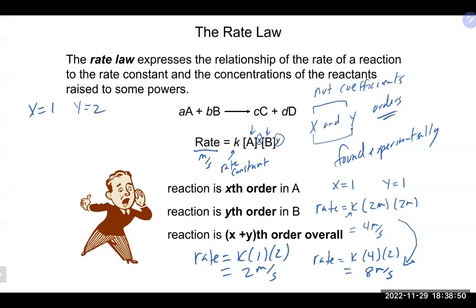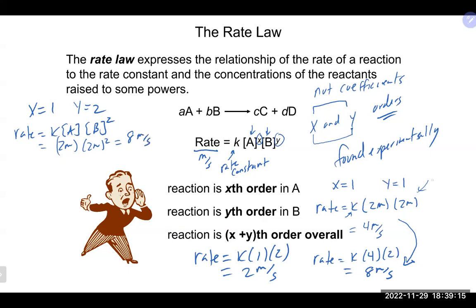If we wrote our rate law here, it would be k times A, and B would be squared in this case. Now, if we used the same concentrations as originally, 2 molar each, we would have 2 molar and 2 molar squared. That would give me 4 times 2, which would be 8 molar per second.